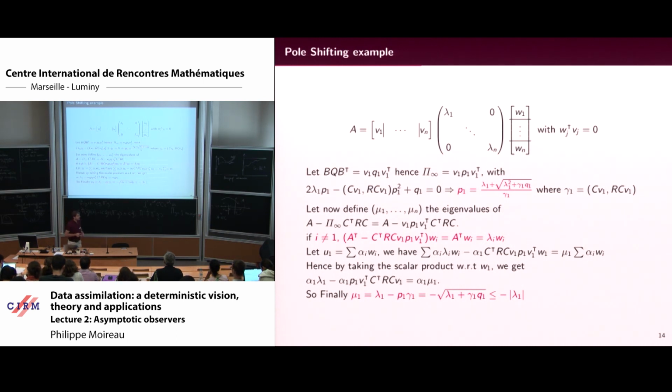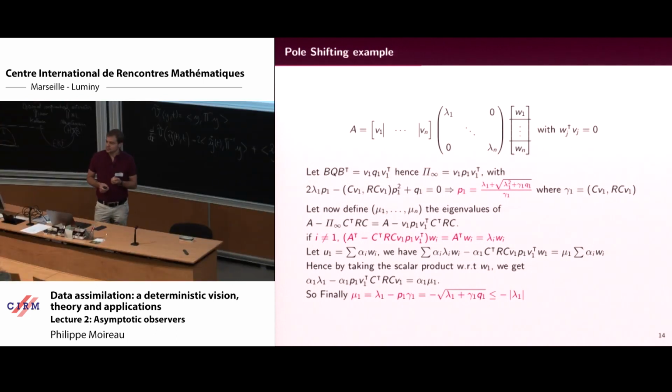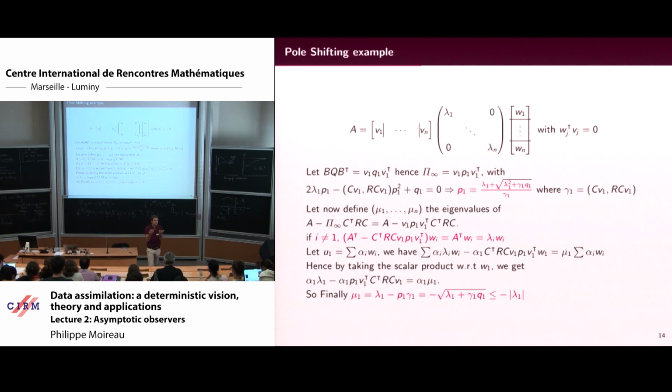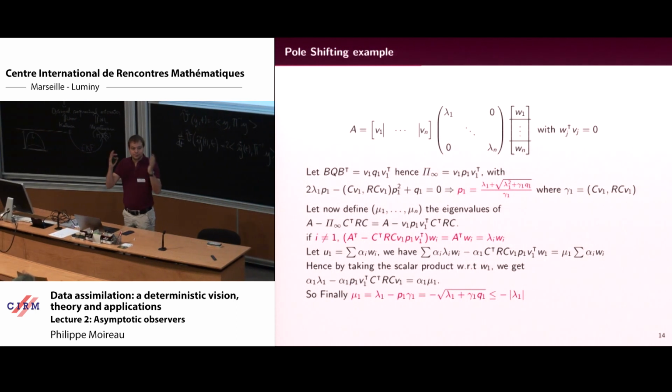In infinite dimension, the spirit will be to do it only on a finite space and to let all the rest of the dynamics live like that. And we will add conditions for that. In infinite dimension there is no equivalent, but what you can do is project on a subspace, apply this type of strategy, and then let the rest of the system live.